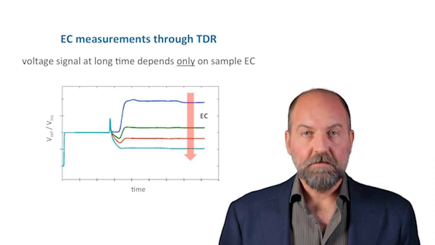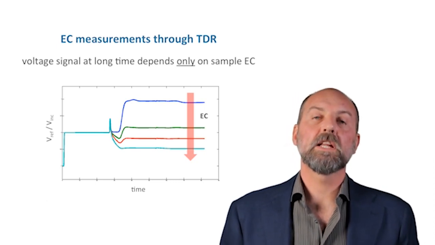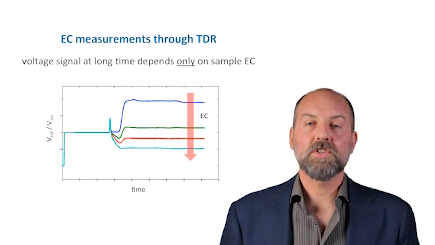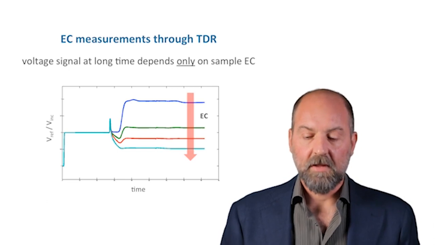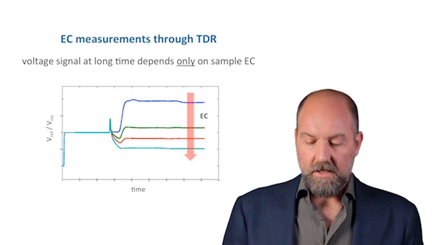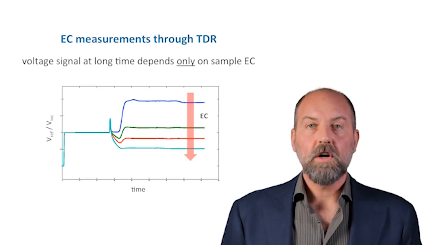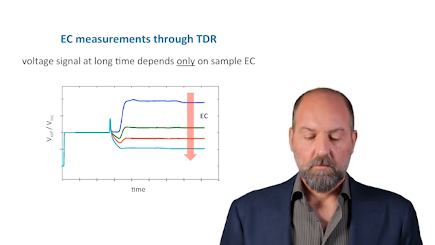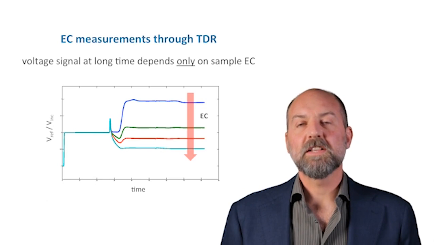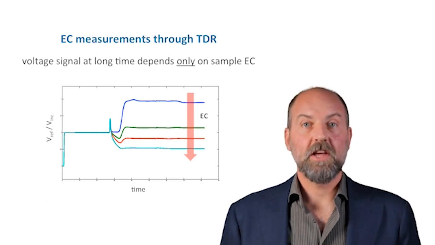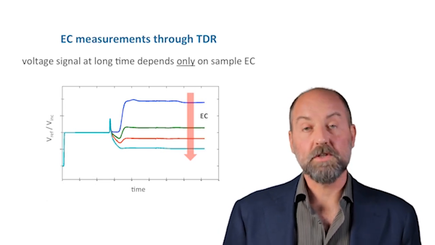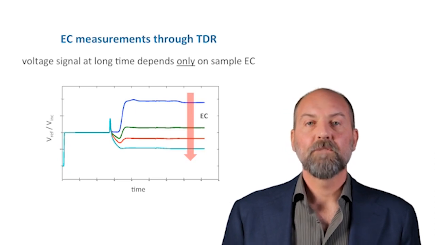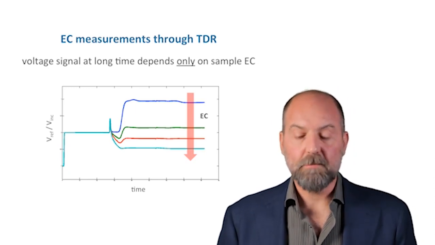Another very important feature of TDR systems is that it allows us to measure the electrical conductivity of our sample. And here we consider four TDR waveforms. We are now exploring a time range larger than what we had before. So in particular, we're considering the signal at a very long time.